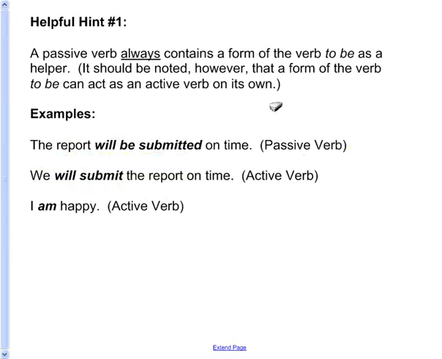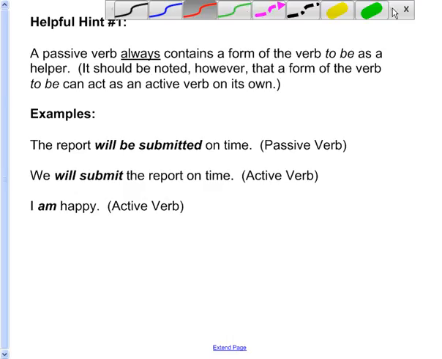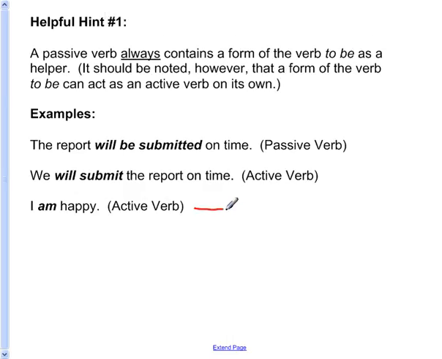Let's look at this third sentence. I am happy. Here, the verb is am, and the subject is I. In this case, the action indicated by the verb is to be.